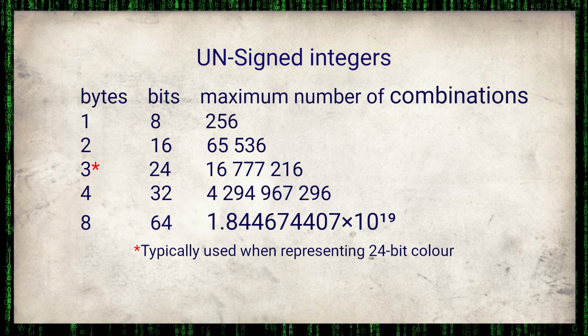Then sometimes you want to store a bigger number, and the computer doesn't work in half bytes. It uses entire bytes. So if you want to go bigger than 255, let's say you want 300, you can't just add an extra bit and make it a 9-bit byte. You have to use a complete new byte, so you're now using 2 bytes. Initially the maximum number you could have had was 255. Now you've got another 8 bits from a new byte, but it doesn't start again at 2 to the 0.